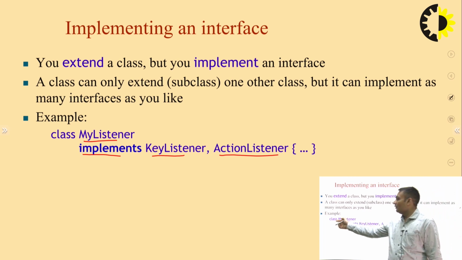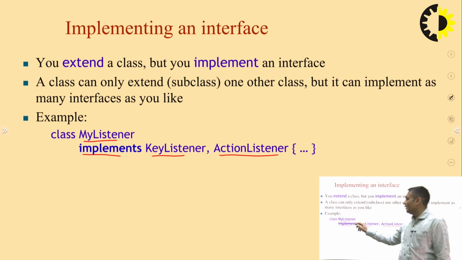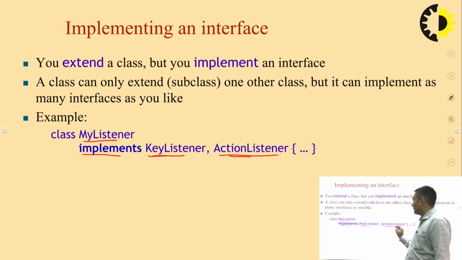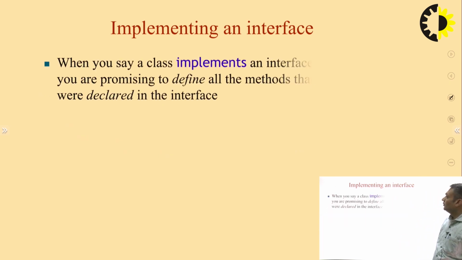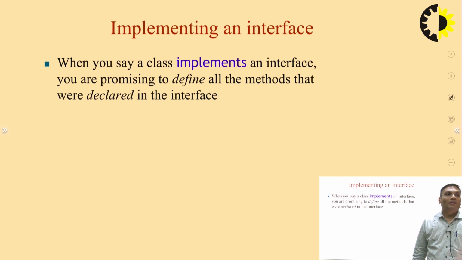To implement interfaces, we can have a class that implements various interfaces. So a class that implements an interface is promising to define all the methods that were declared in the interfaces.